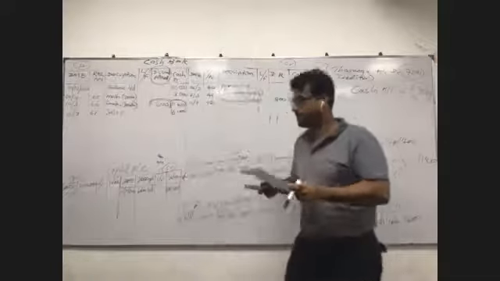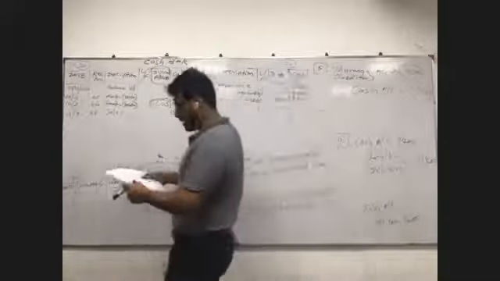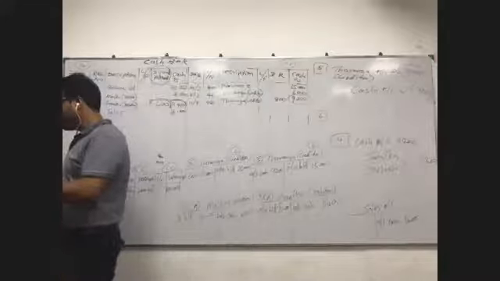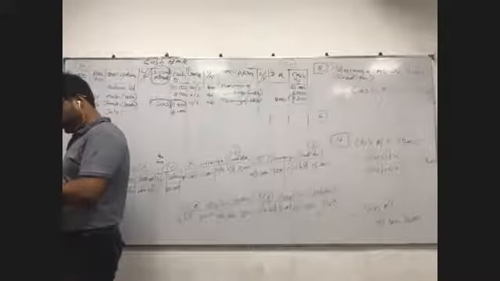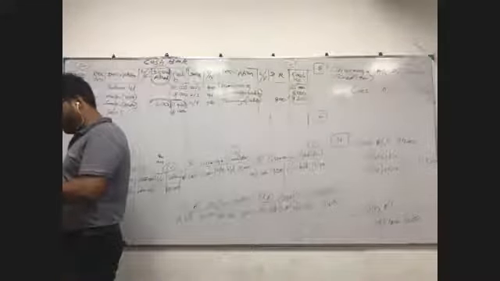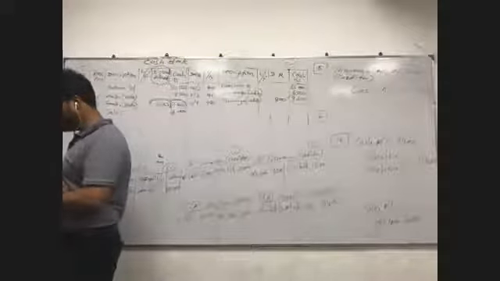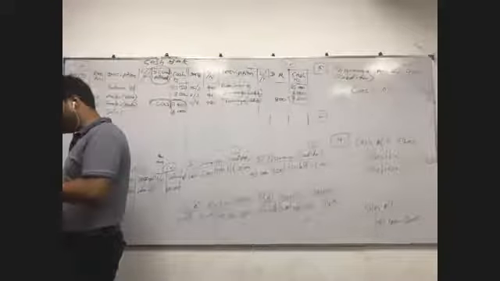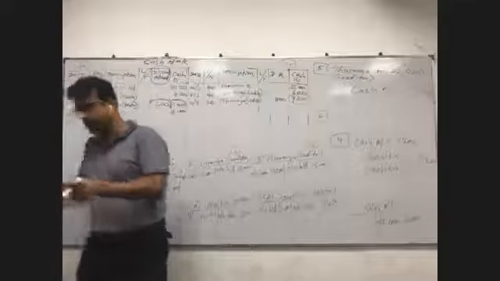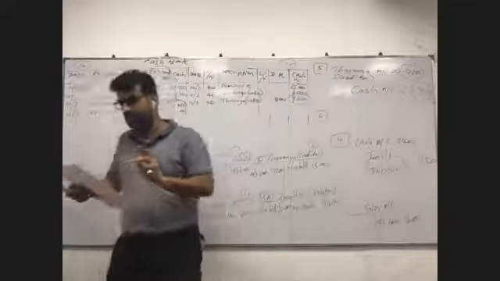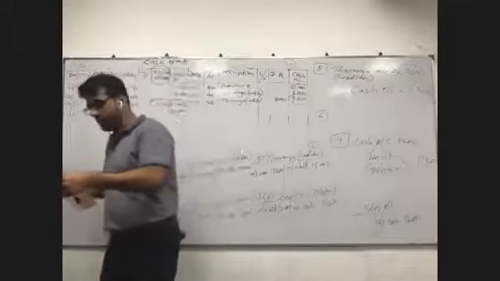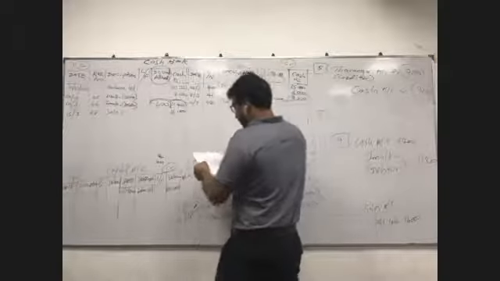What is the next one? Receive cash from... you don't have to calculate the discount. Discount is calculated and given, so they have split it and given. That's easy. 68, the 18th of March.